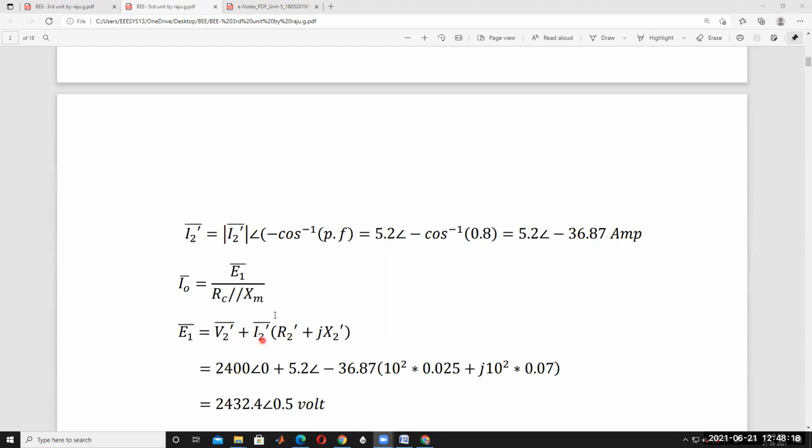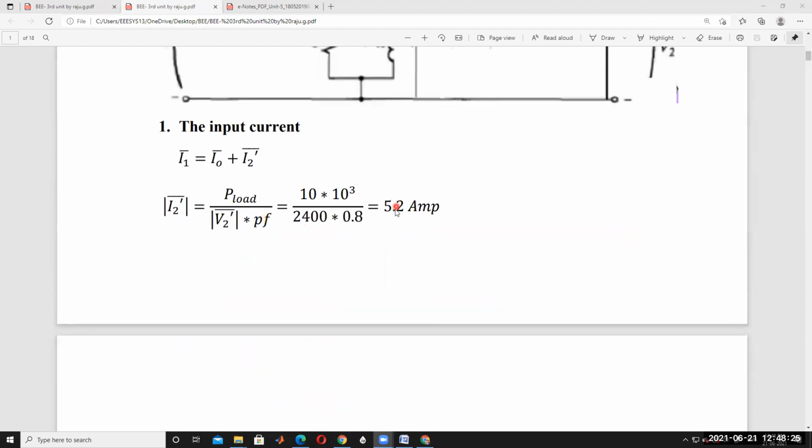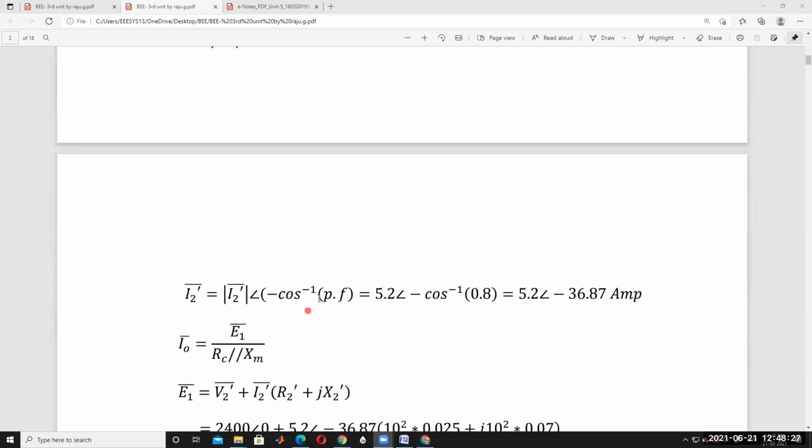Then I2'. So you know from this relation, this is the magnitude of the current. Now to find the current angle, the power factor angle is cos inverse of the power factor.